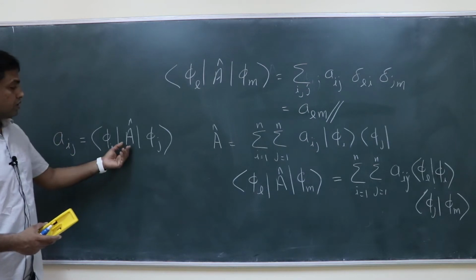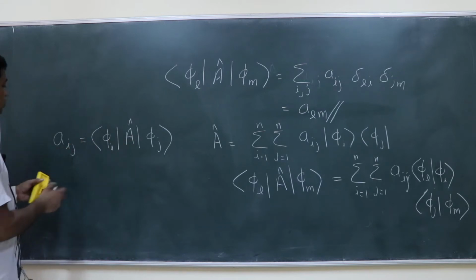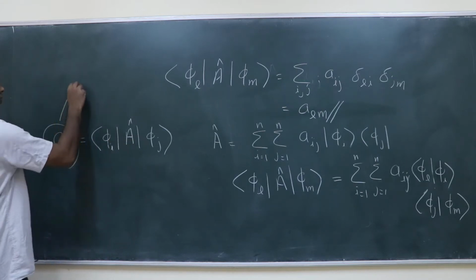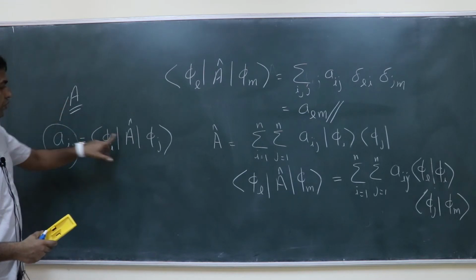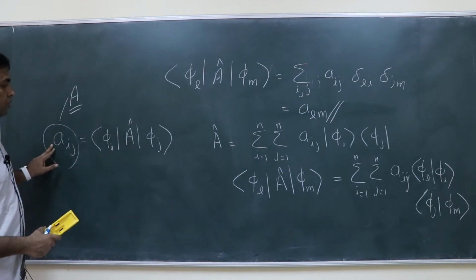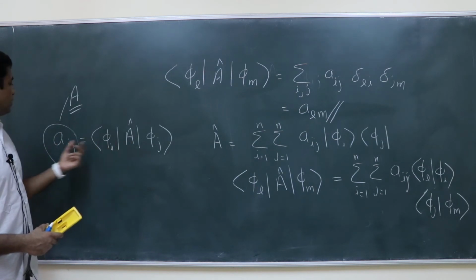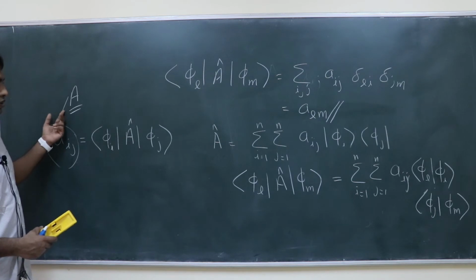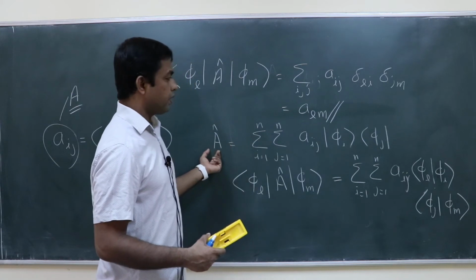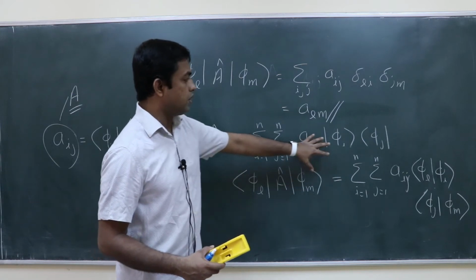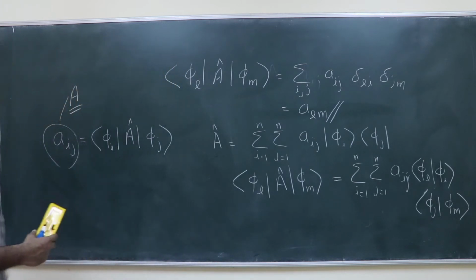So this gives you a matrix A. This is basically the representation of an operator in matrix form. If I have an operator, this is the way you find its matrix representation, or if I have the matrix, what is the corresponding operator representation? You are doing this in one linear vector space. This is a very useful relation. You will see soon how we can do certain calculations based on this.